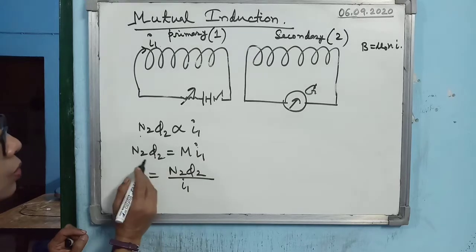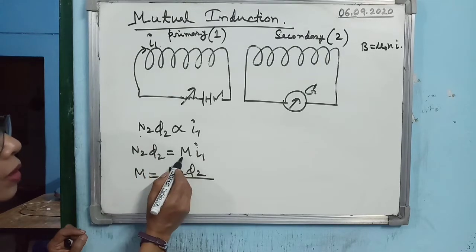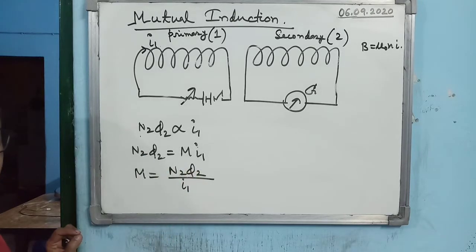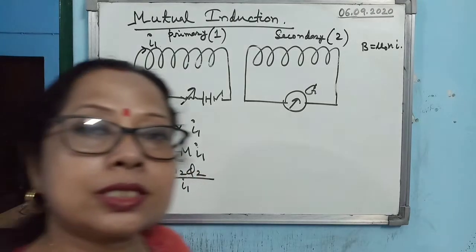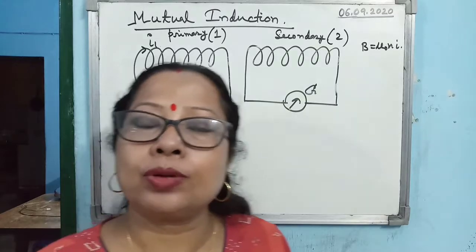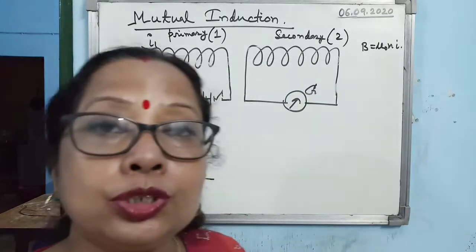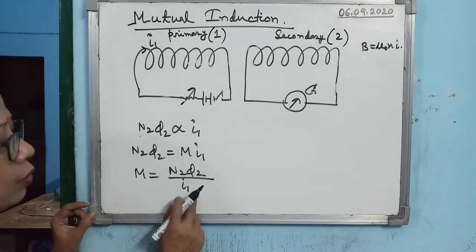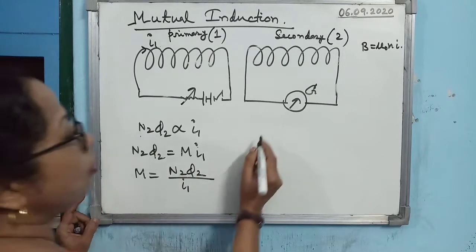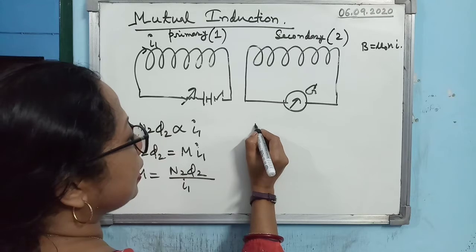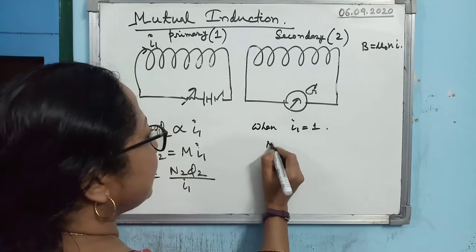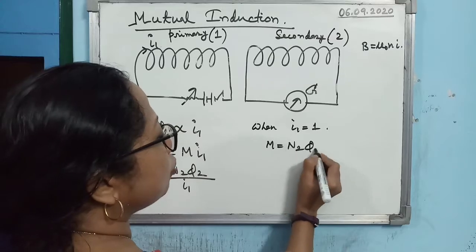So in this case, you can write N2 phi2 is equal to some constant into I1. That constant we denote by M, and which is known as coefficient of mutual induction or mutual inductance. So you see, M you can write N2 phi2 by I1. So from this relation it is clear, when I1 equal to 1, then M is equal to N2 phi2.